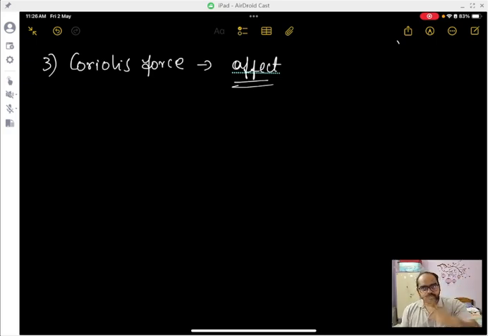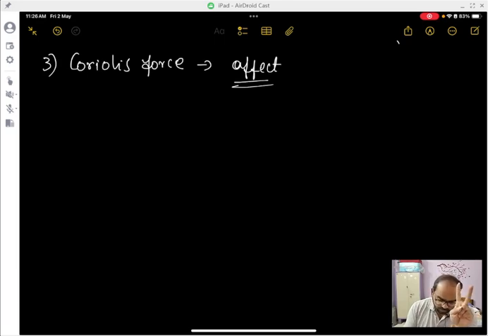Whenever an object is moving, you are pulling it back with a force, so its velocity decreases. So whenever a force is applied on a certain mass, its velocity changes. But due to the Coriolis effect, the direction of the wind changes. There is no change in the velocity of the wind, so it is called the Coriolis effect rather than a Coriolis force. Okay, that is the first thing.